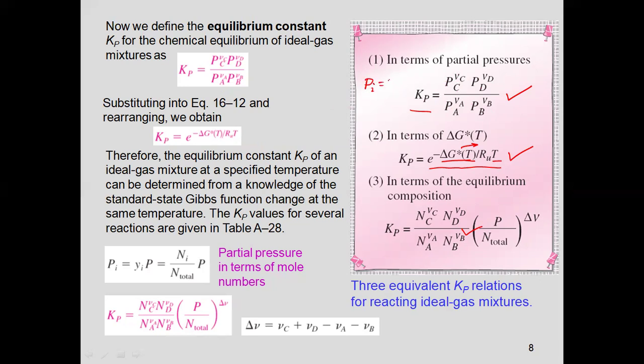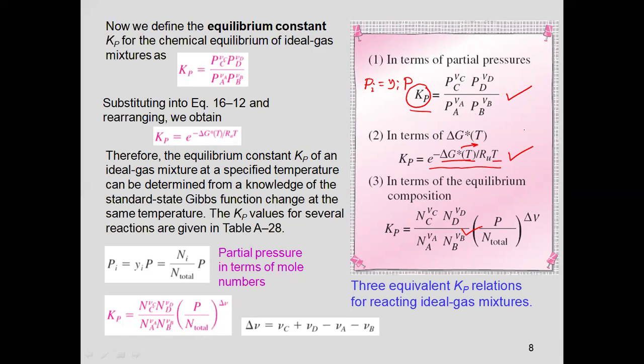Partial pressure Pi is Yi into total pressure. So if the total pressure is changing, the partial pressure will also change. But the stoichiometric coefficients are unchanged. So if the partial pressure changes, then how can the equilibrium constant remain constant? That may be a question.